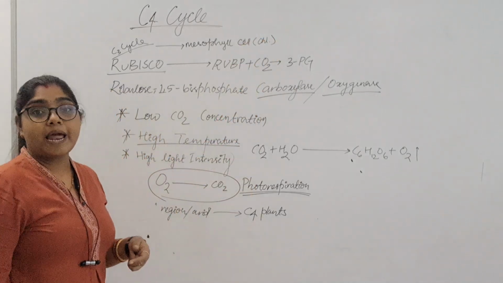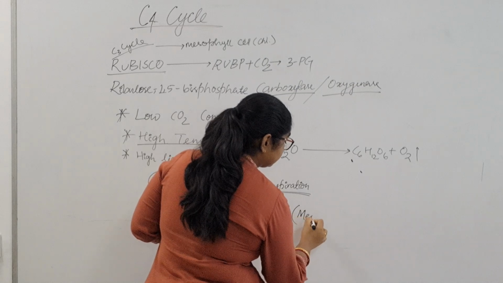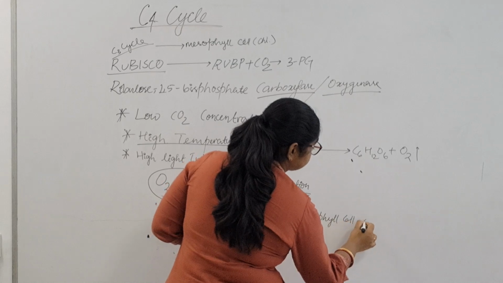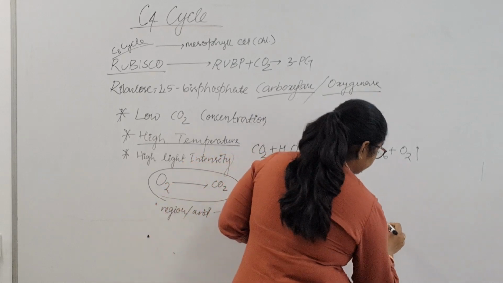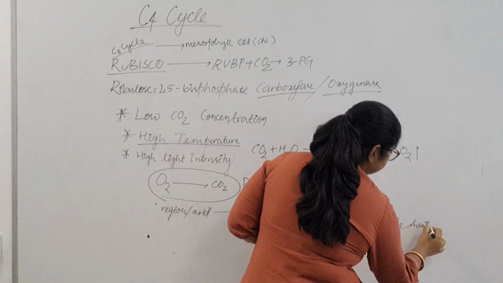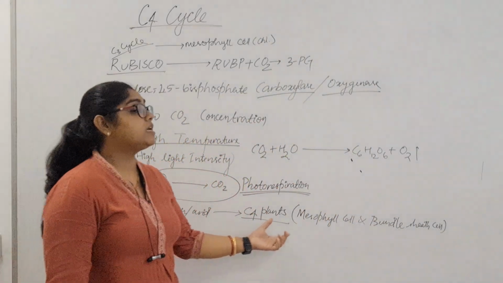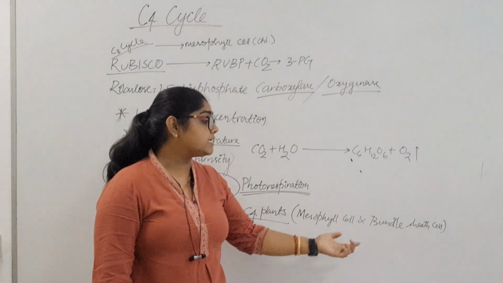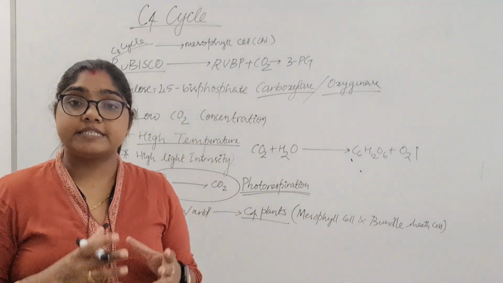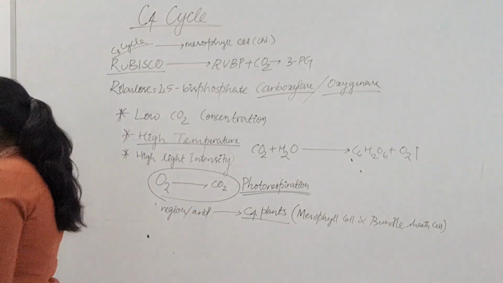But in C4 plants, it takes place in two types of cell: mesophyll cell and bundle sheath cell. It takes place in the chloroplasts of the mesophyll cell and bundle sheath cell. Now we will see the steps that the C4 pathway includes.